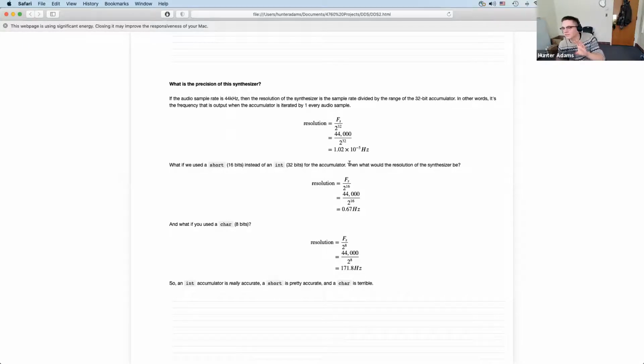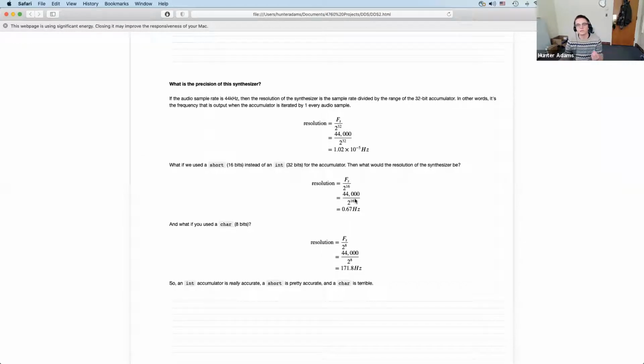But let's start by just considering, what if instead of using 32 bits to hold our phase accumulator, we used 16 bits? So instead of using an unsigned int, what if we used an unsigned short, which is 16 bits long? What would be the resolution of our synthesizer in that case? Well, it's basically the same expression, but instead of being able to hold values up to 2 to the 32, we can now hold values up to 2 to the 16.